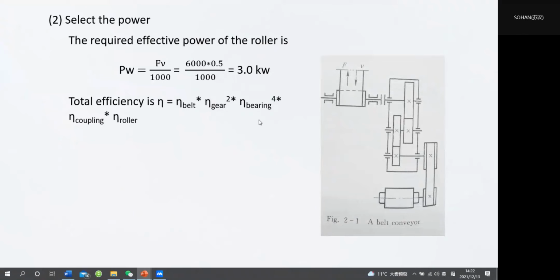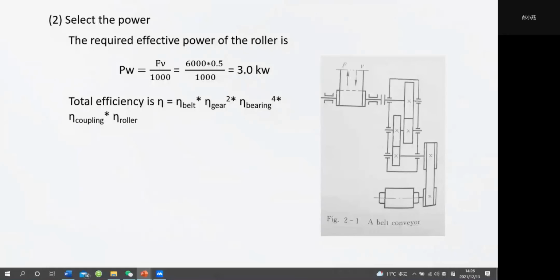So from the motor to the working part, we should consider the efficiency of the transmission parts, from the motor to the working part. And then we should determine the efficiency of belt, gear, bearing, coupling, and the roller.